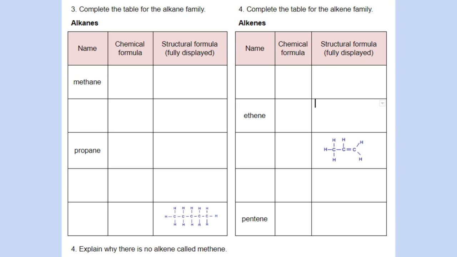And the final question down the bottom, why there is no alkene called methane. If you can't remember, skip back a few minutes, you'll hear me talking about it. Okay? The answers to these are in the video on alkanes and alkenes. They're all displayed in there, so you should have them in your notes. You can go back and check if you want. Okay?